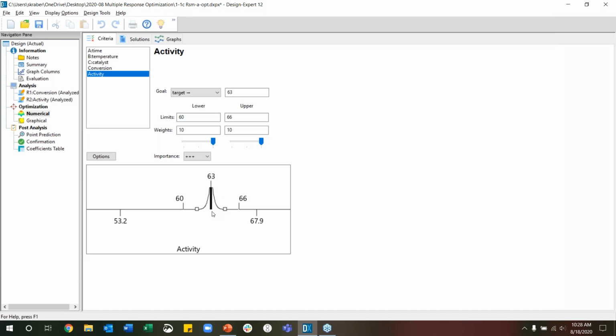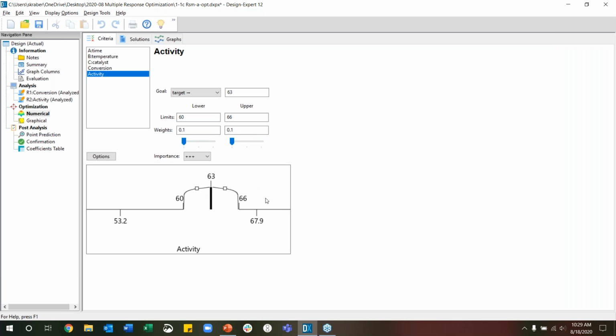So we could pull both of these sides down and make a very, very tight desired target. So weighting gives more emphasis to the goal if you increase the weight. Now, we can also lighten up on the weights and push them down to a 0.1.